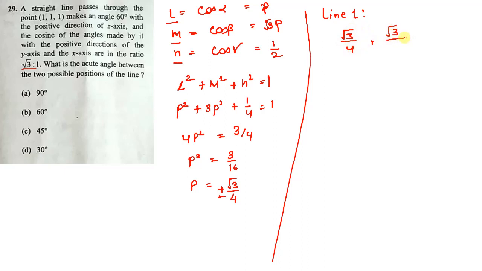So the direction cosines of the first line are root 3 by 4, 3 by 4 and half, and the possible direction cosines of the second line are minus root 3 by 4, minus 3 by 4 and half.